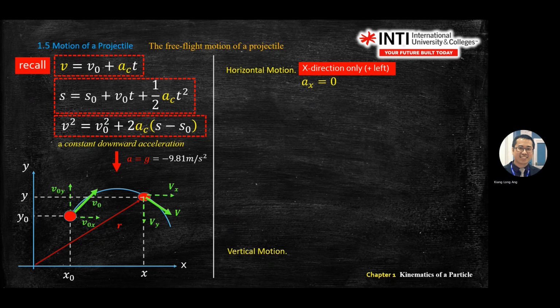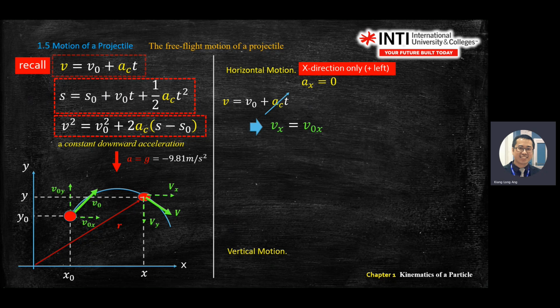Horizontal velocity. Okay. So when you talk about acceleration here, it is about gravitational force. So you can use this one. You cancel the a inside the first formula, so you will get Vx equal to Vox.